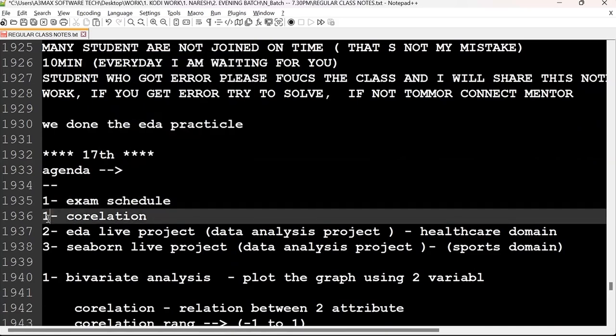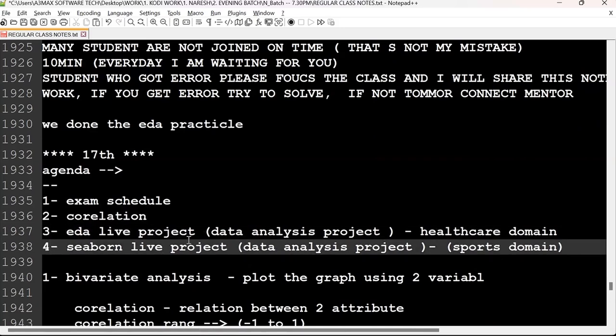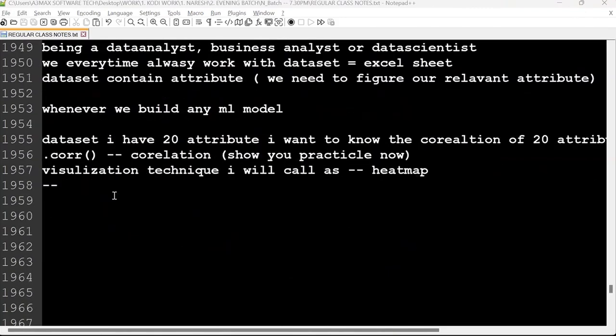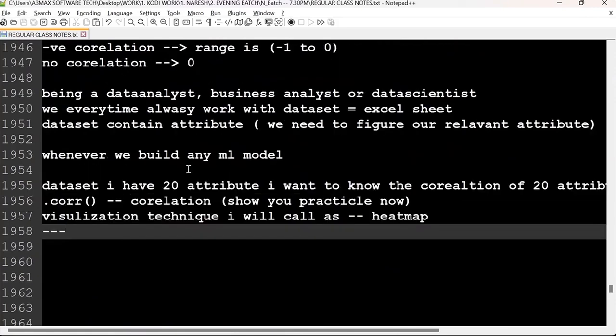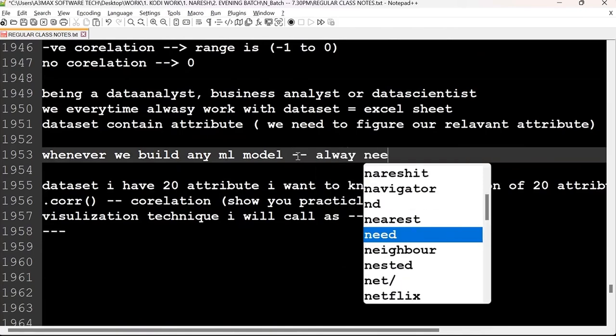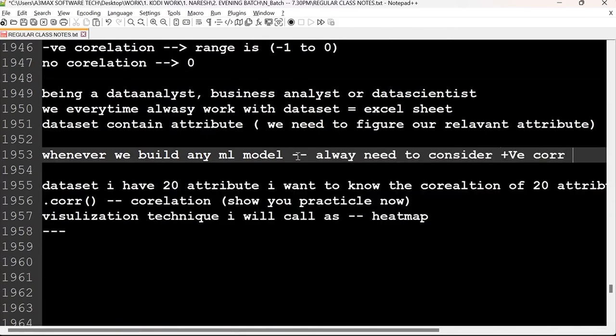Second one is correlation, then third and fourth, then the EDA live project. Everybody clear up to this? Offline team, I'm sure everyone joined online and things are clear because everything is documented neatly. Whenever you build any ML model, always consider positive correlation.